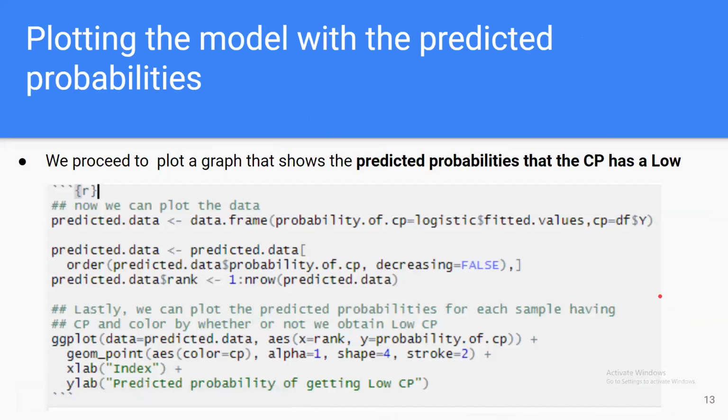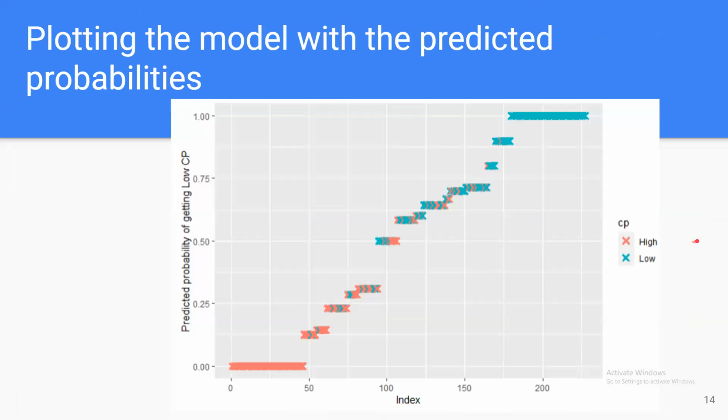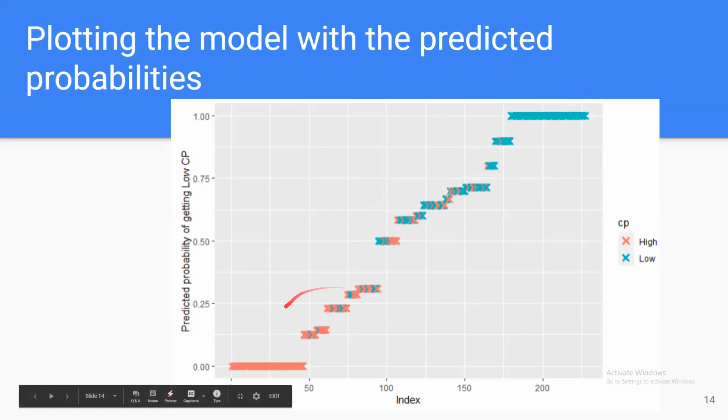Just to see how our model behaves, we plot the model with the predicted probabilities. This is the code used for plotting the model. We get the predicted data, and from the predicted data, we rank them and plot them, and we get this plot. Most of the blue X belong to the top part, as we see over here, and most of the red X belong to the bottom part, as we see over here.